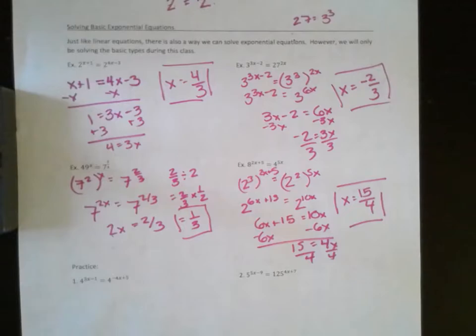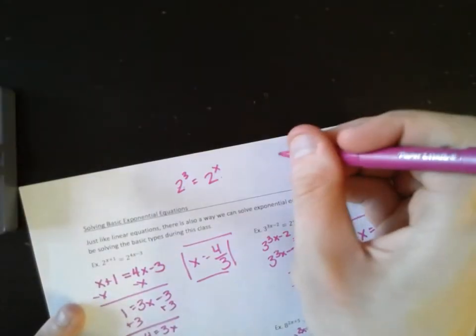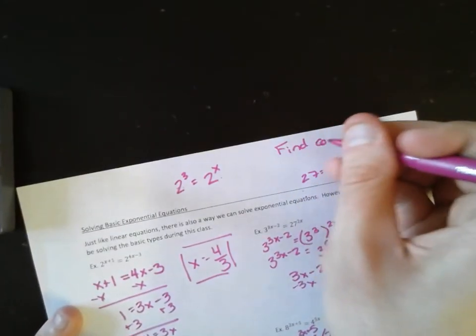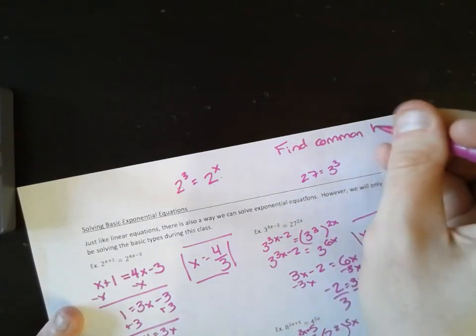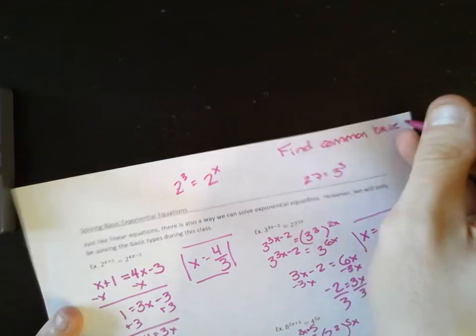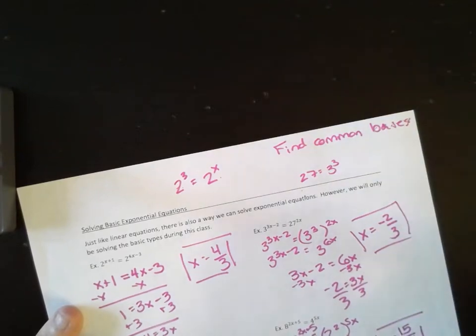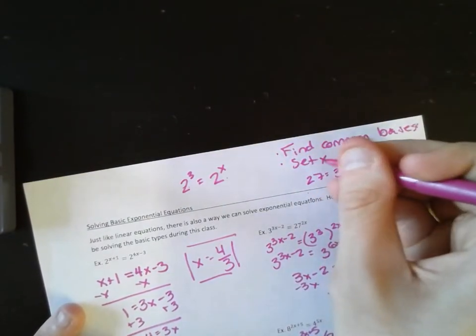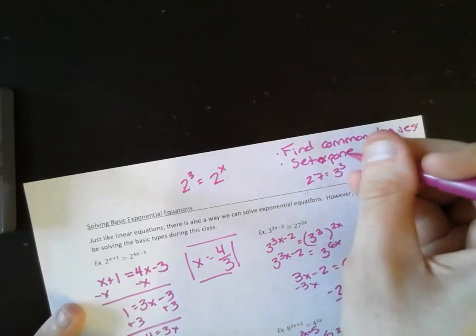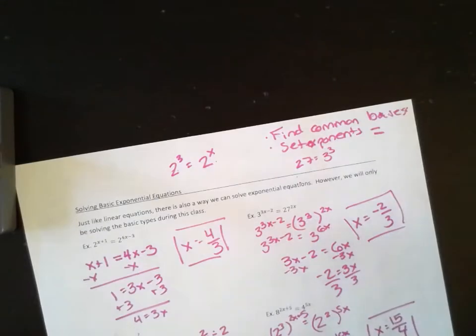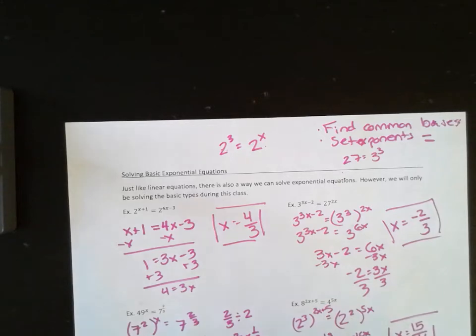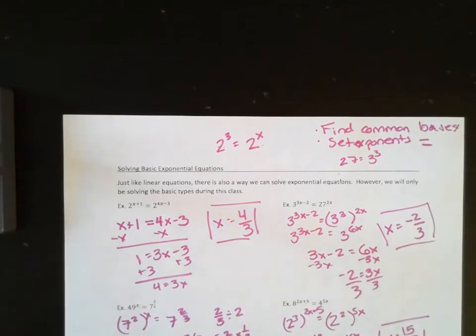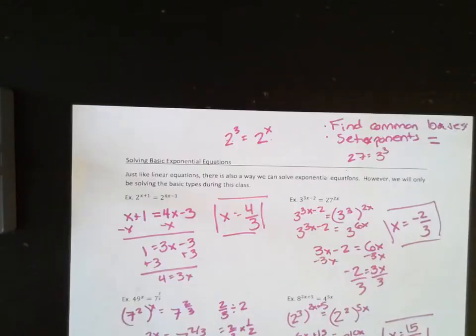So again, your main goal, find common bases, and then set exponents equal. 2 steps. Find common bases, set exponents equal. And that's why it's important to never forget the exponent laws, guys, because again, you have to use power to a power here when you have an exponent raised to a power.